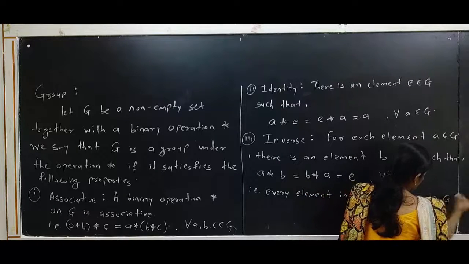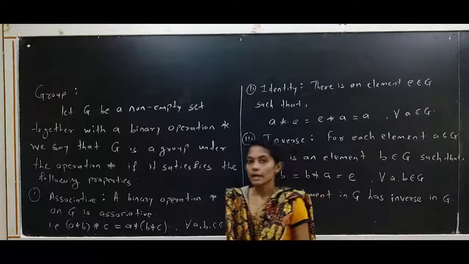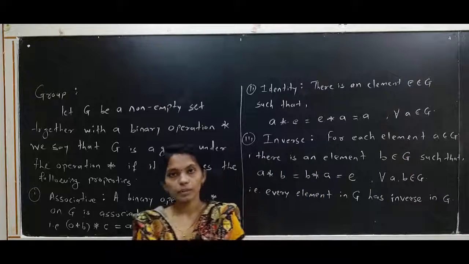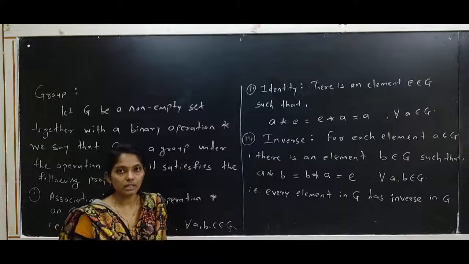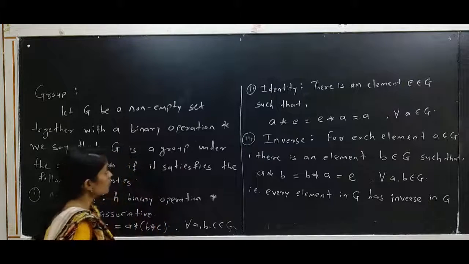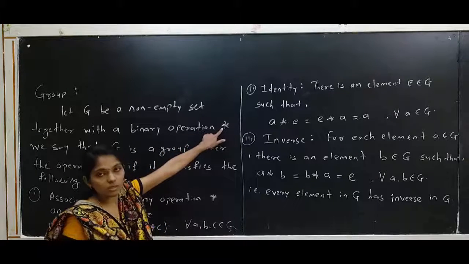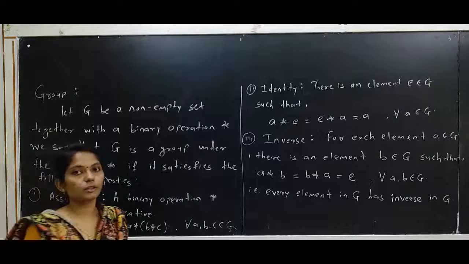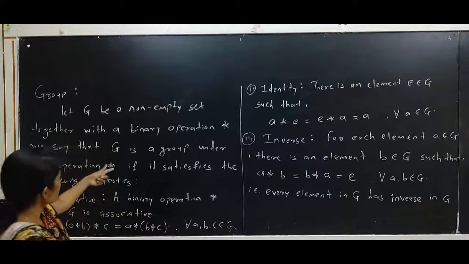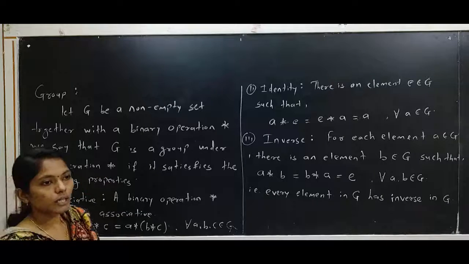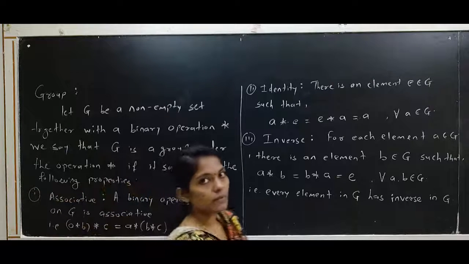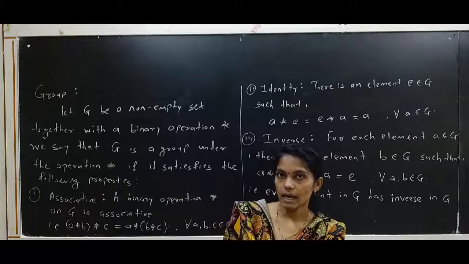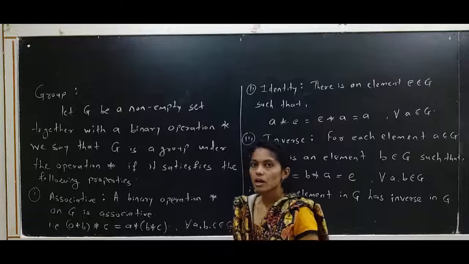Okay, so group means G is a non-empty set together with a binary operation star, and we say that G is a group under the operation star if it satisfies the following properties: associativity, existence of identity and existence of inverse.